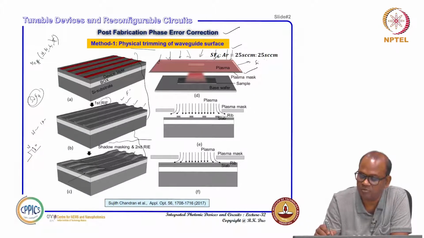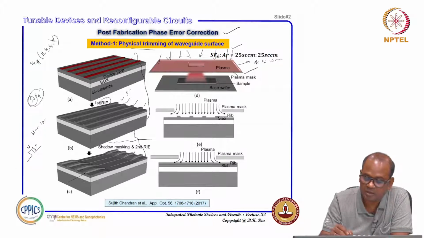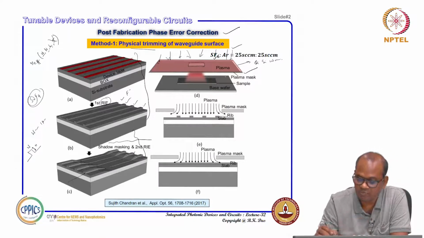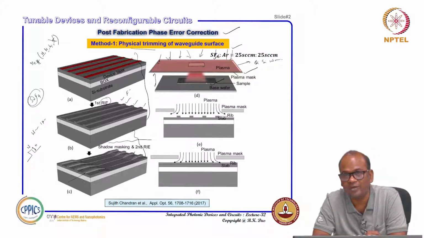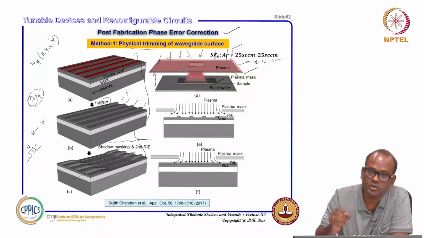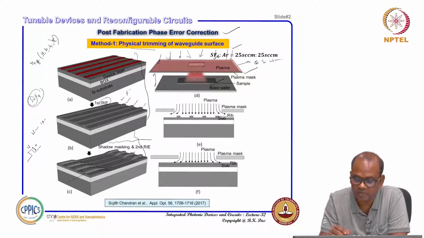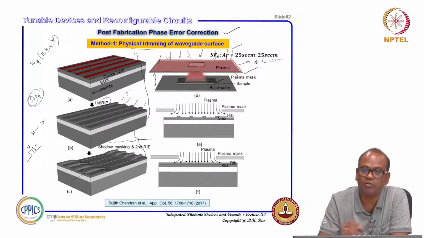It can be a silicon wafer also, a dummy silicon wafer. Wherever you want to reduce or trim, in that region you make a rectangular hole, and you maintain a distance. You hold this mask, called a shadow mask because you are creating a shadow over your sample. This is your sample where your device was already fabricated, and you locate which particular region of the waveguide you want to trim. You should adjust that particular window area accordingly.